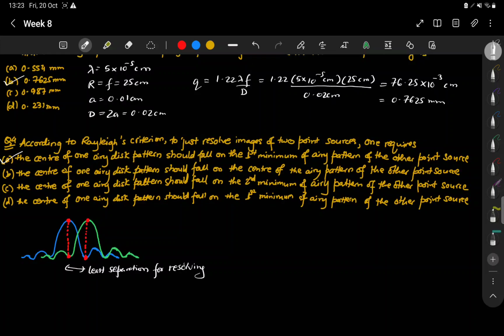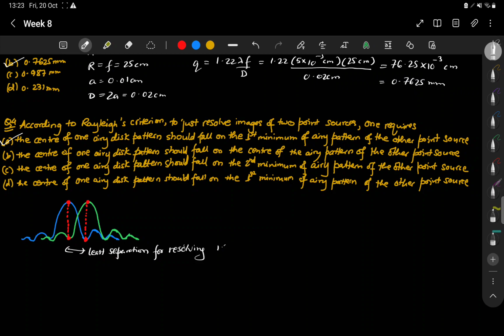And how much is this distance? We already know this is 1.22 lambda f over d. Of course, if the distance is more, then you are able to resolve very nicely. If the distance is less, then you are not able to resolve these sources.